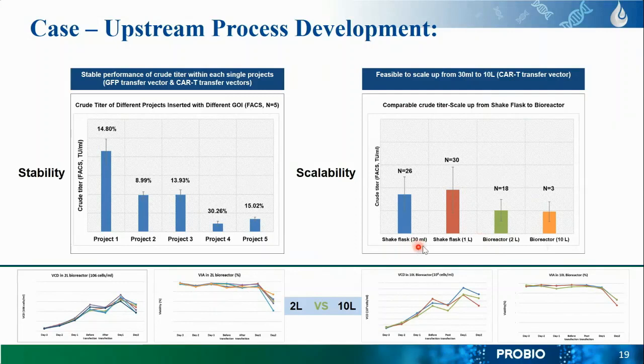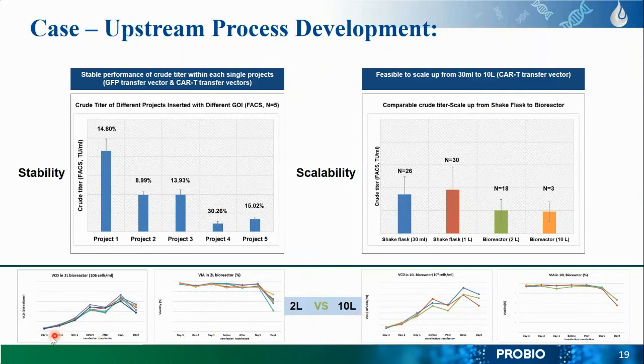For example, we started with 30 ml, to 1 liter, to 2 liter, to 10 liter. And these are the number of batches to optimize our process. And here at the bottom, we have compared 2 liters versus 10 liters.